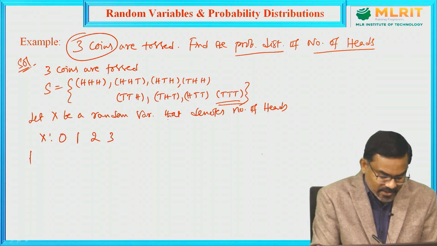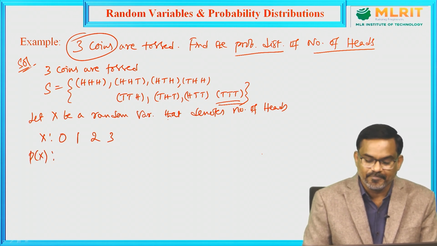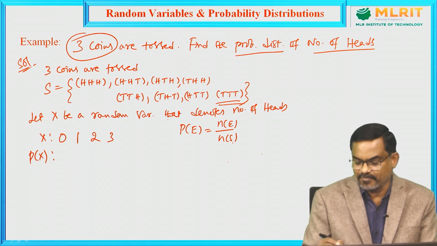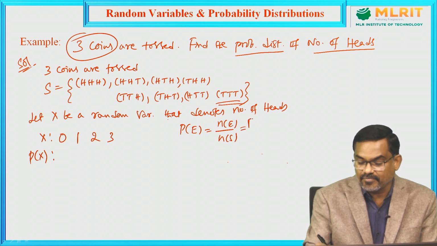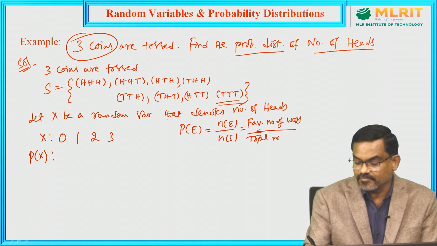Now, let us find the corresponding probabilities using the classical definition of probability. The probability of an event E is N of E by N of S: favorable number of ways divided by total number of ways.